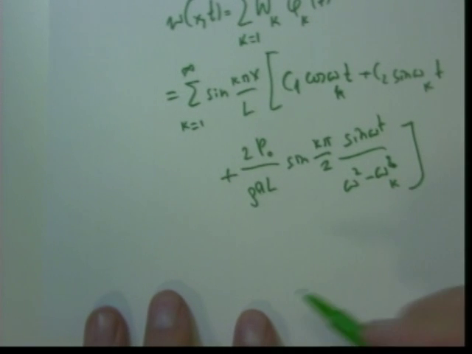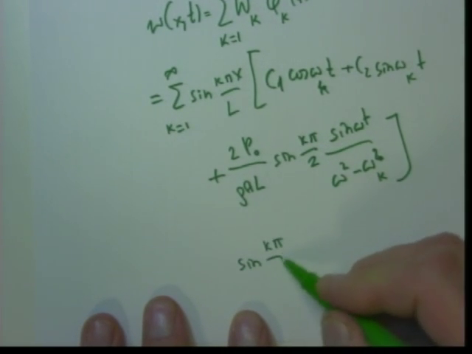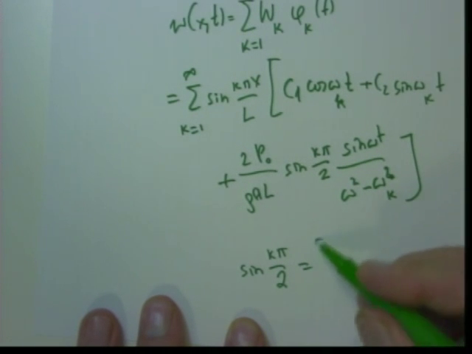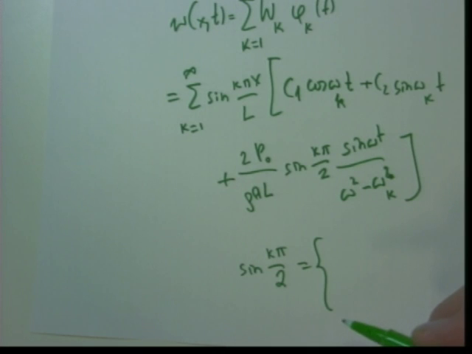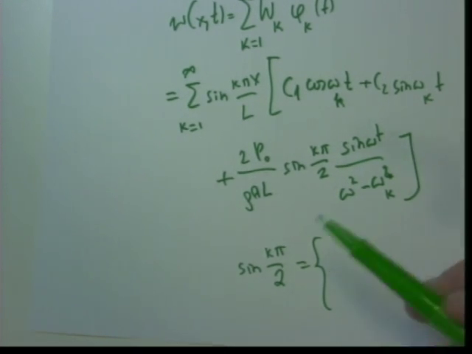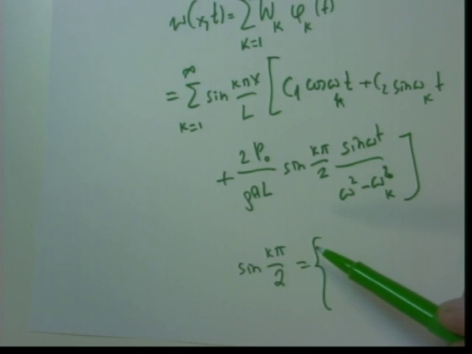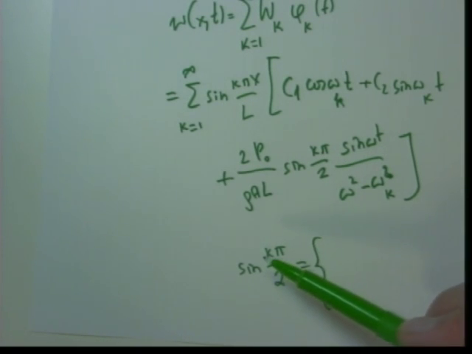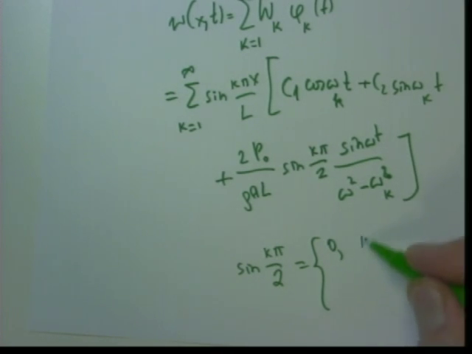So then, let us deal with what is sine(k pi over 2). When k equals 2, then it will be 2 pi divided by 2, which is 0. If k equals 4, that is 4 pi divided by 2, it's 0. So it is 0 for k even.